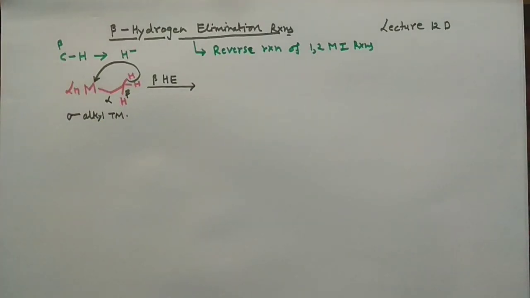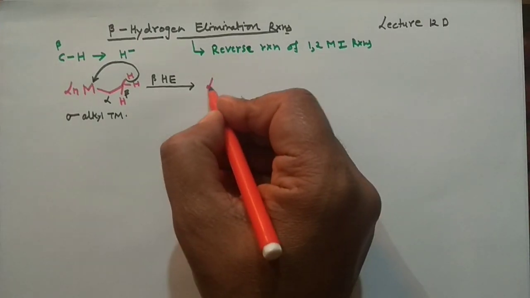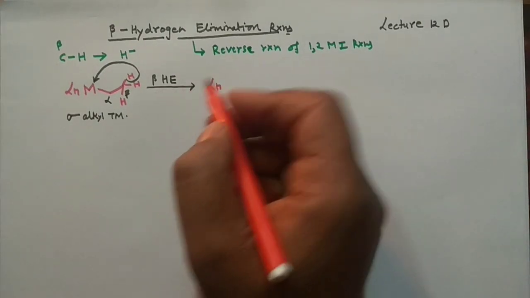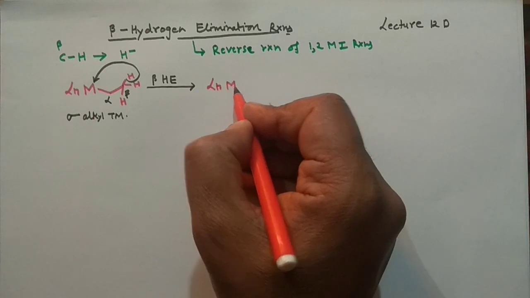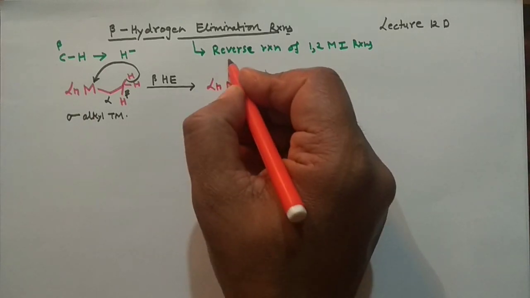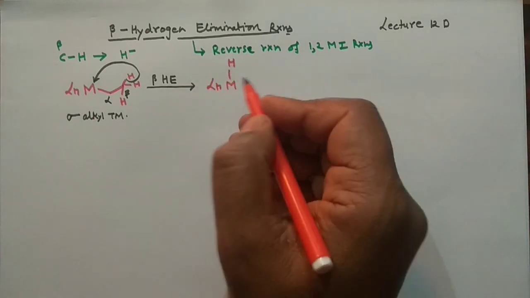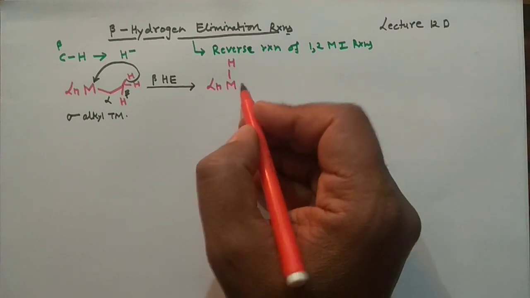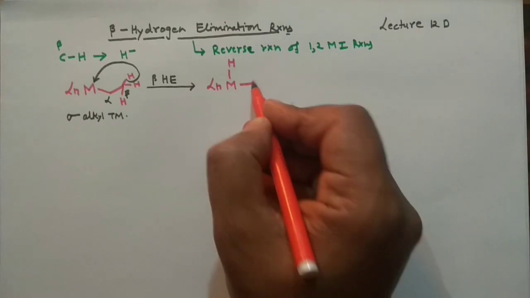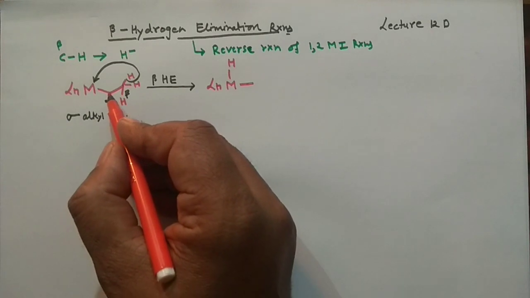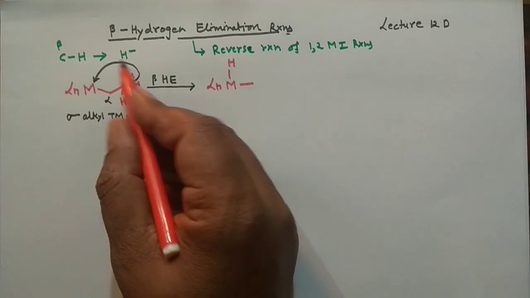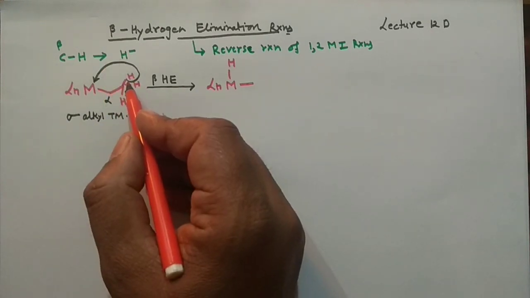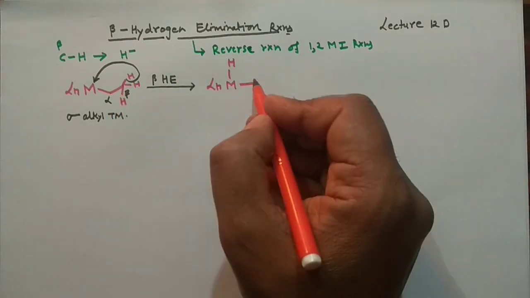Then it will result in the product, and that product would be what? The number of ligands which were already there with the metal, and this is the metal which gets the beta hydrogen. After that, this alpha carbon and beta carbon, when it loses one hydride, is electron deficient now.